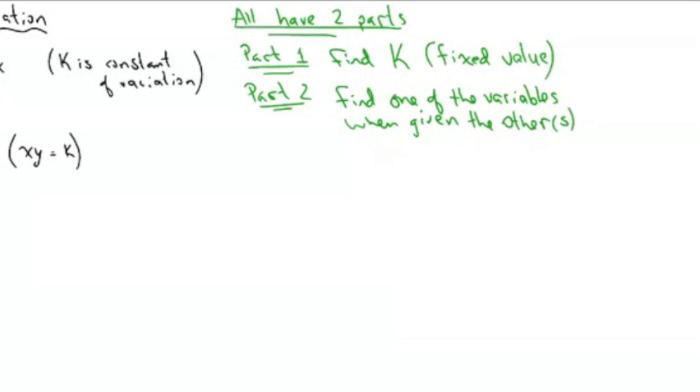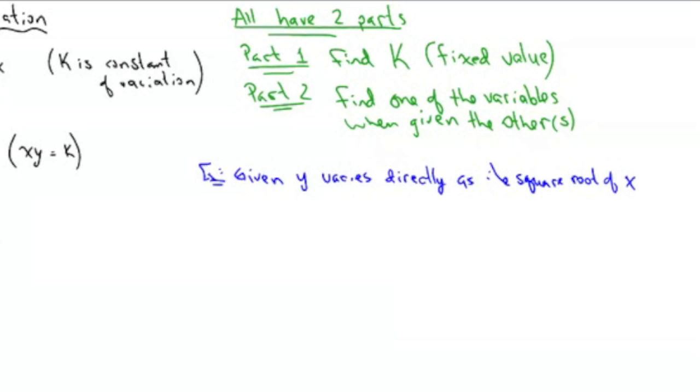Okay, so for example, given y varies directly as the square root of x, and y equals 8 when x equals 4.